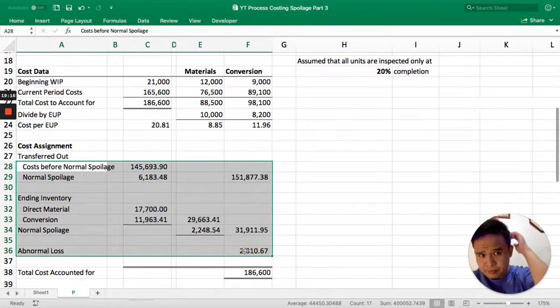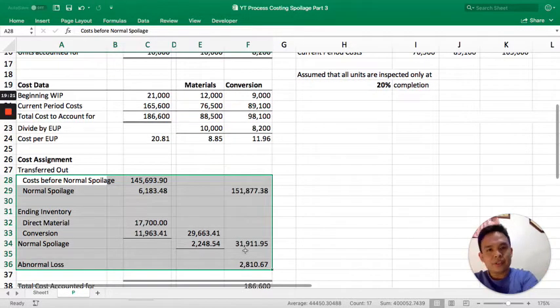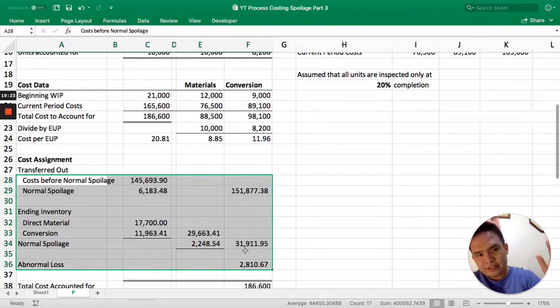How? Depende sa ending inventory. If the ending inventory is farther than the inspection point, then may ending inventory na spoiled. You give some normal spoilage to it. If the inspection point is farther than the ending inventory, there's no spoilage in the ending. Everything of the normal spoilage goes to transfer out.